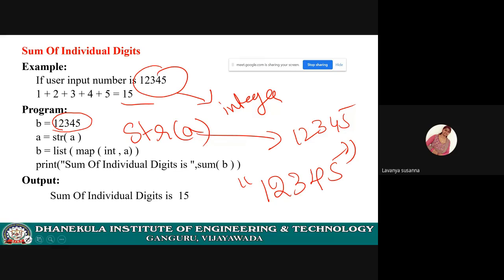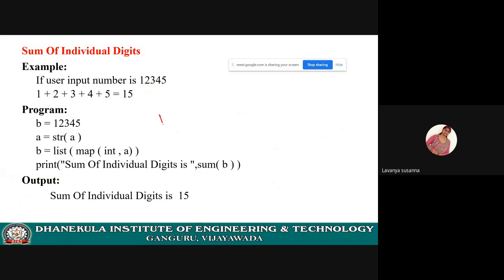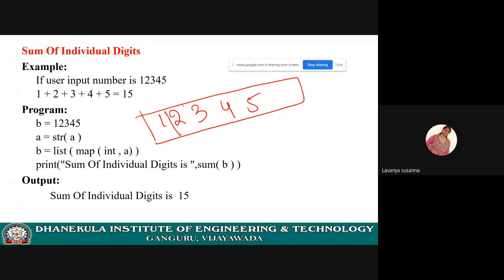Remember that it is a string 12345. Now you have converted this into a string. Let's start from 0. If you converted this integer number into a string, you can access individual digits, right? 1 you can access, 2, 3, 4, 5 you can access, because you have converted this into a string.